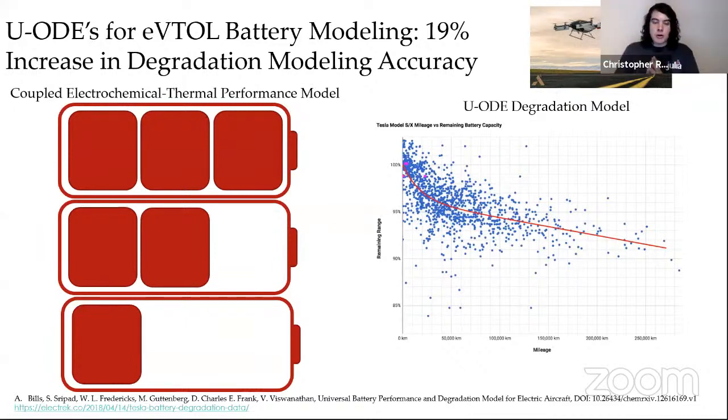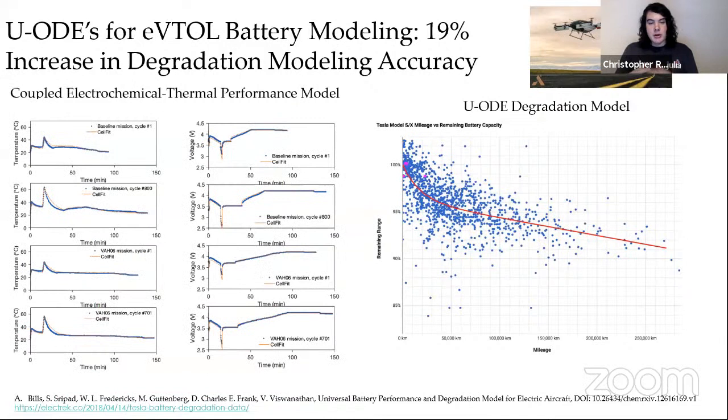Thank you. So our collaborators at CMU showed that you can take a state-of-the-art battery model for how it degrades over time and use a neural network within this differential equation model to improve the model by 19%. This is not a small change to what is already a state-of-the-art model, and it gives much better predictions.